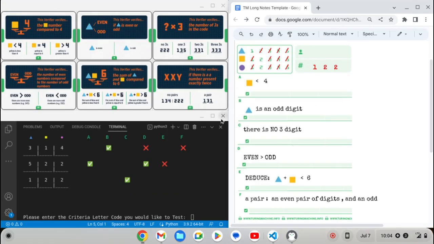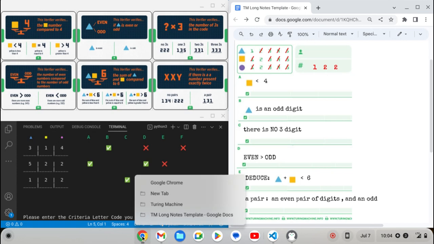I'm afraid that the Turing Machine probably did it in 6 questions. All right, so we did BDF in the first round, and then ADE.